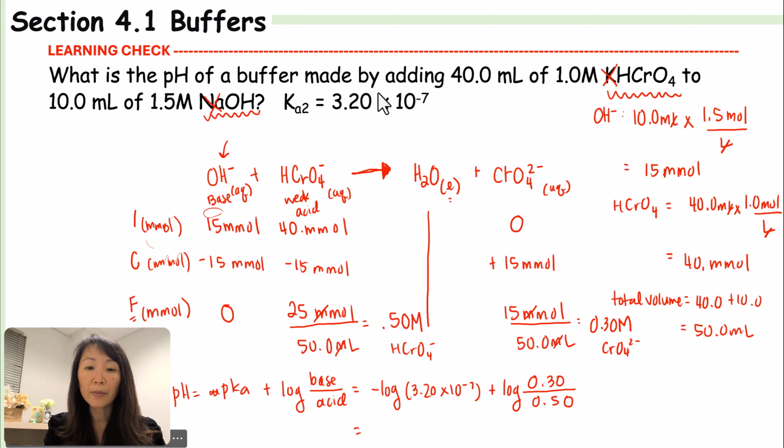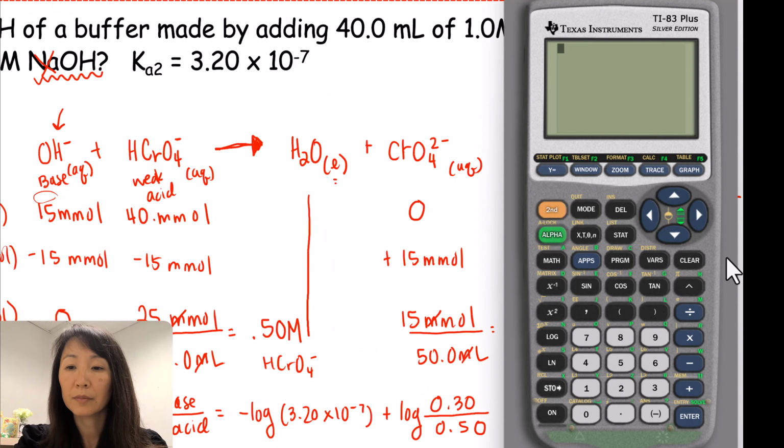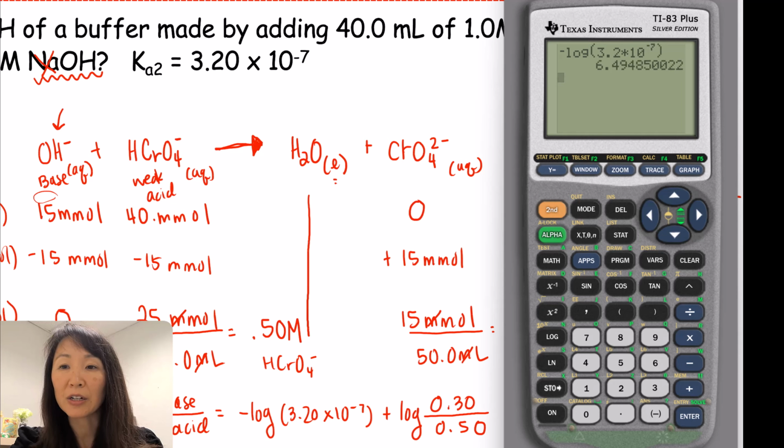Okay, and then we're going to go ahead and calculate this out and get the pH. The negative log of 3.2 times 10 to the negative 7, and then I'm going to press enter.